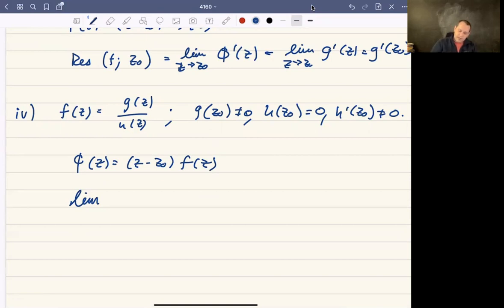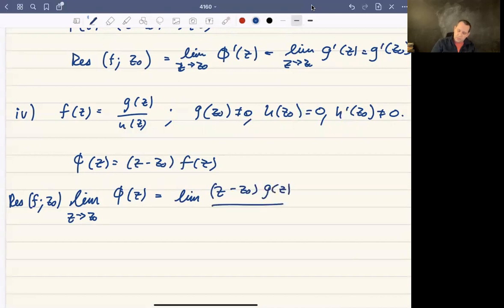This is going to be the limit of phi as z approaches z naught, so that's going to be the residue of f at z naught. And what's phi? Well, that's z minus z naught times f, where f is g over h. So we take the limit as z approaches z naught.